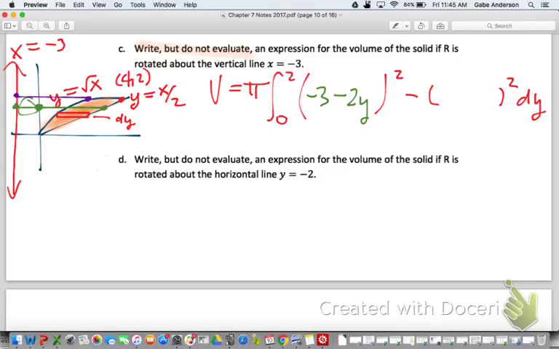What would be the x with that? Y squared. So it would be -3 minus y squared. So again, I want to make sure we understand this. I'm giving you kind of a framework that will always work. To find your radius, if you simply take the axis of rotation minus whatever that x or y distance, whatever it happens to be, that will give you the full distance.